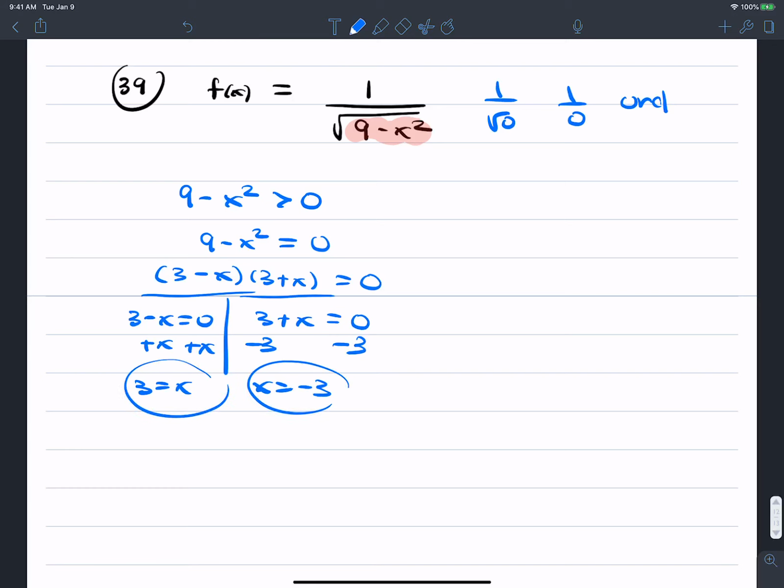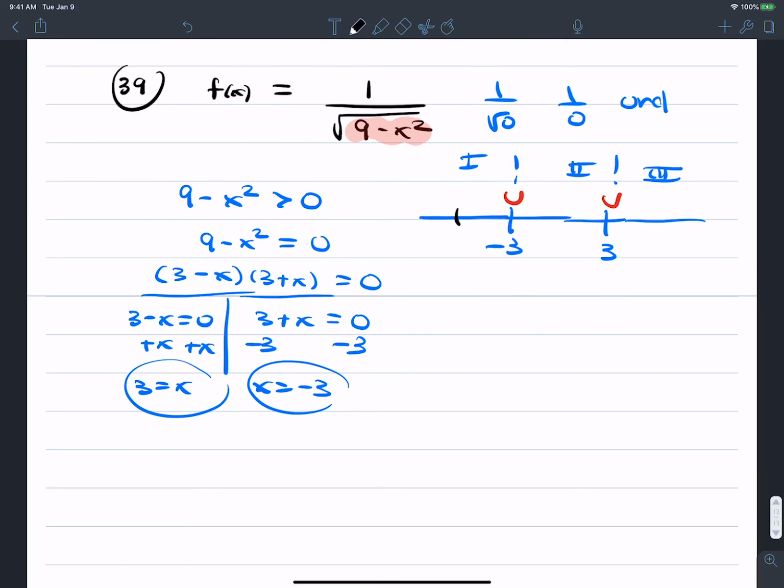So in my sign analysis procedure here again, I found at negative 3 and at positive 3, the fraction will be undefined because my polynomial is in the denominator here. So I now get again region 1, region 2, region 3.